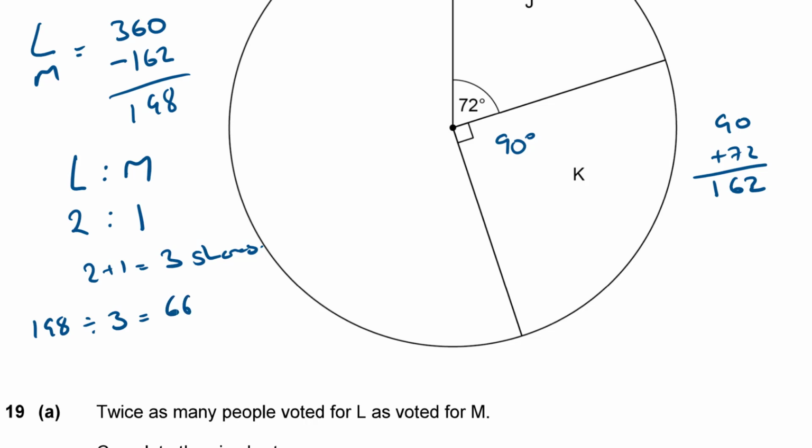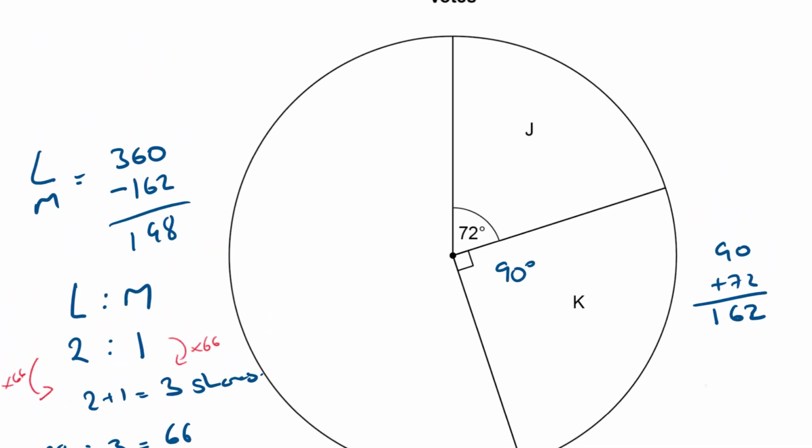So then taking my ratio of 2 to 1 and scaling it up by a factor of 66, 2 times 66 is 132, and 1 times 66 is 66. And you can see that 132 and the 66 together give me 198. So now I just need to complete the pie chart.